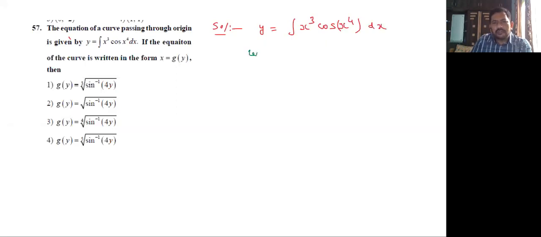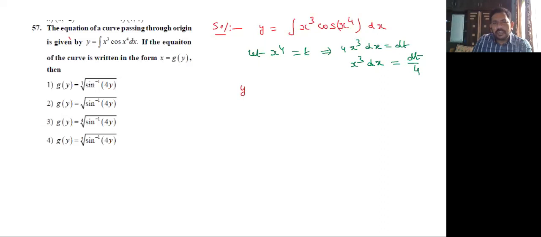Let x power 4 is equal to t. Now apply the differentiation: 4x cube dx is equal to dt. Finally, x cube dx is equal to dt by 4. Okay, students.